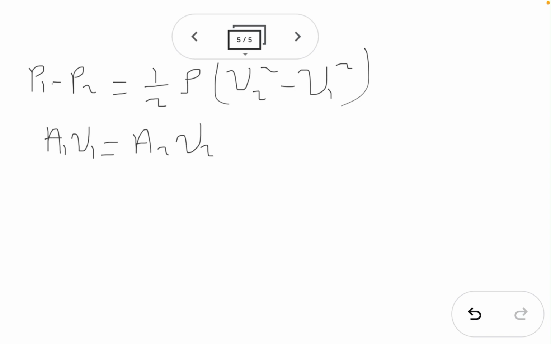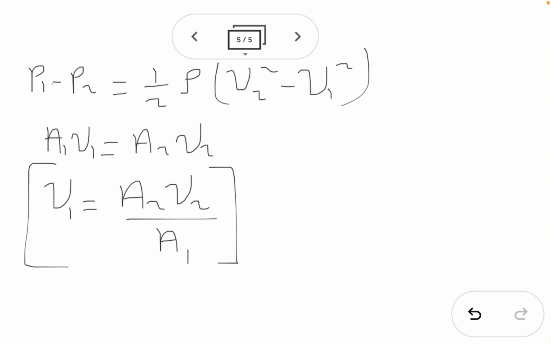So if we make V1 the subject, we'll have V1 equals A2 V2 over A1. We are going to use this and substitute V1 in our expression here. I hope you're following.